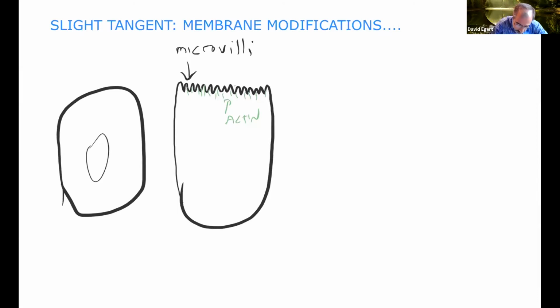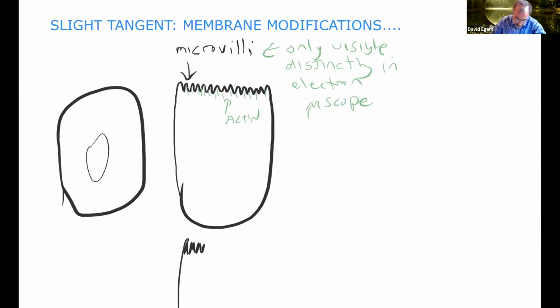The microvilli are submicroscopic. These are only visible distinctly under an electron microscope. And when you look at these, if you've been in anatomy, you know we talk about the brush border.